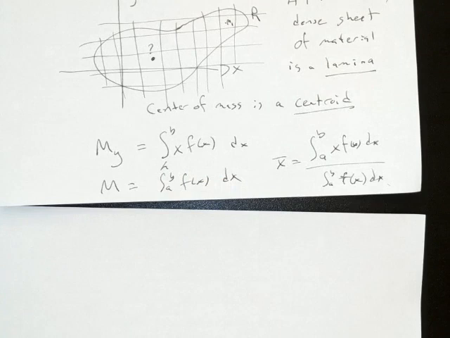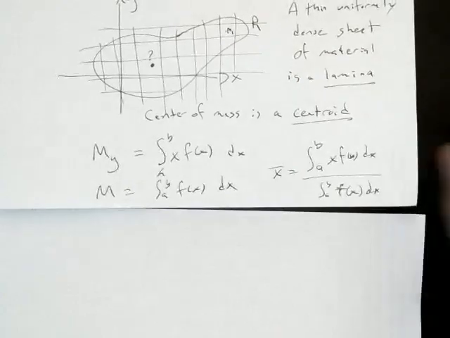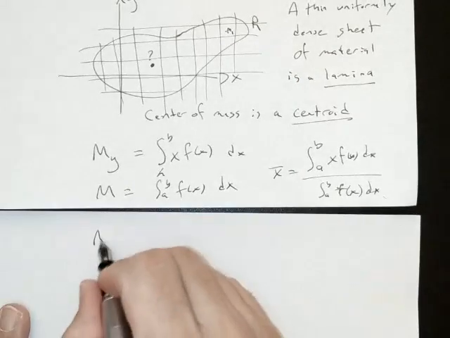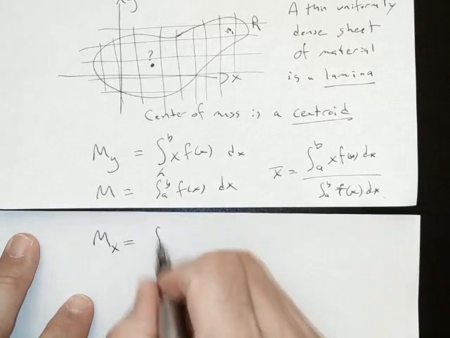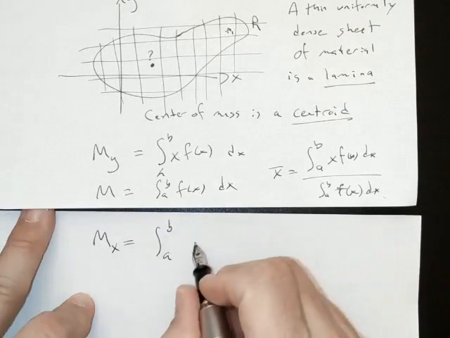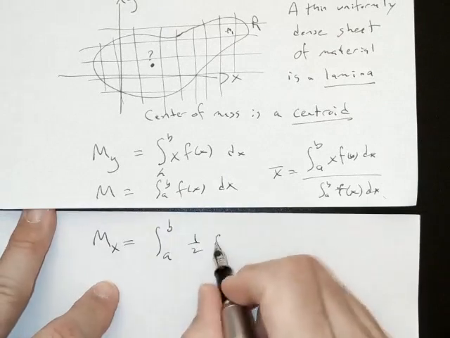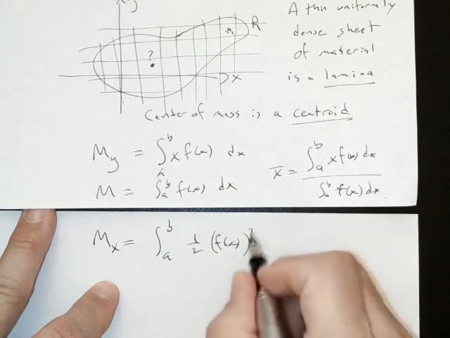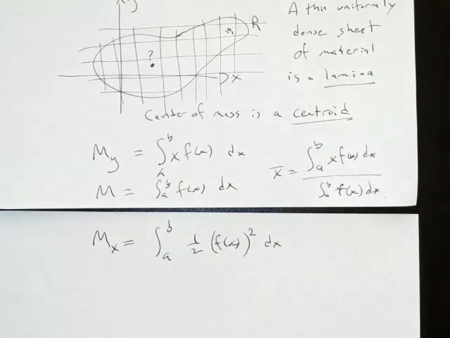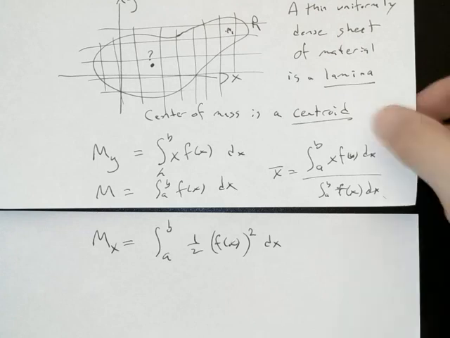That's going to be too big. Turns out it's too big by exactly a factor of 2. So I have to have a 1/2 in there. y times f of x, but y is f of x, so I get f of x squared.